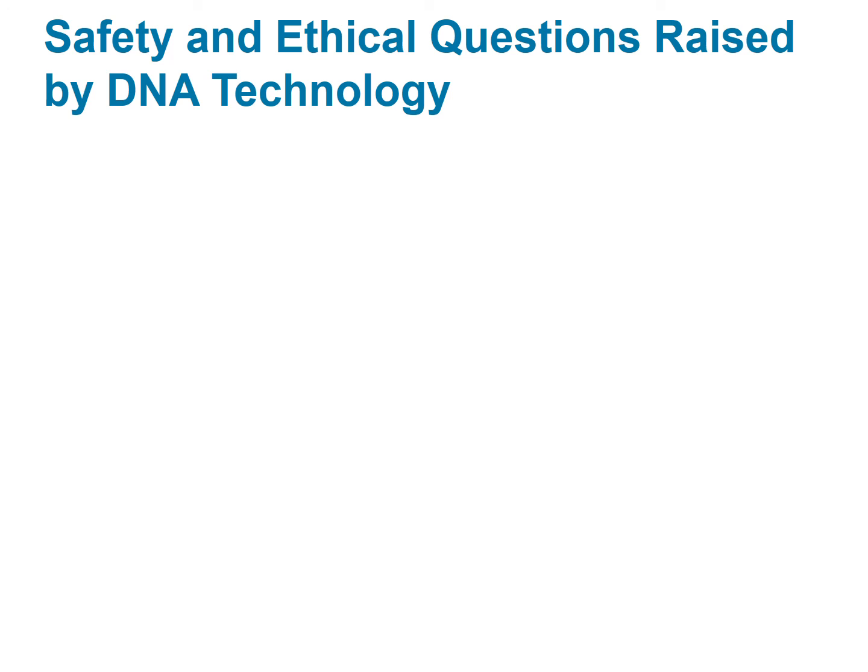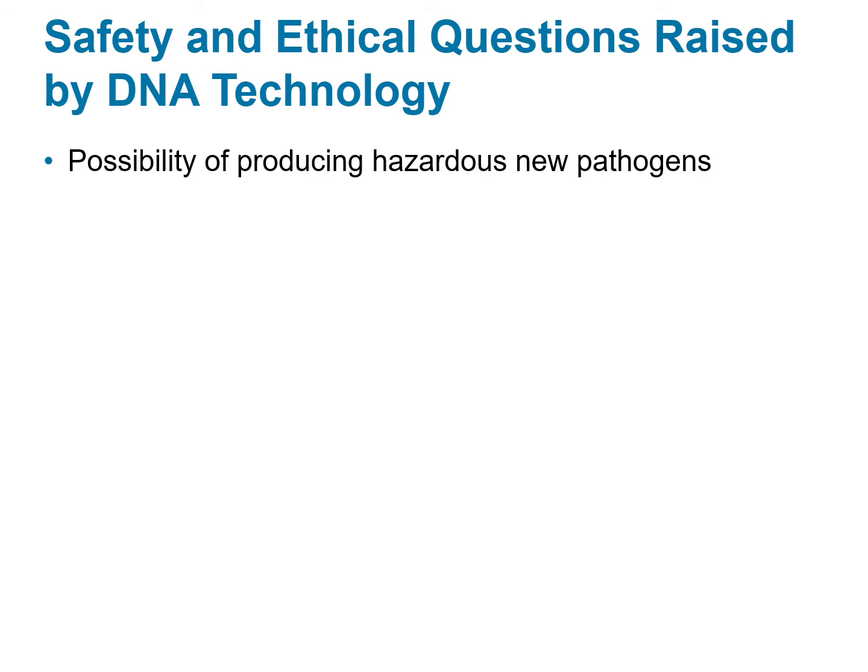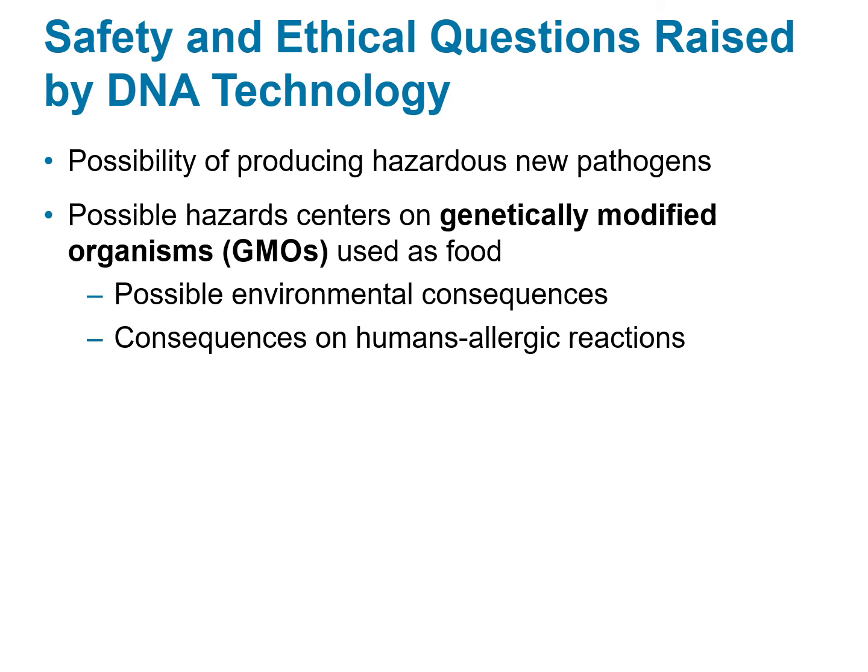Now, in terms of safety and ethical questions raised, you might be already thinking about this, right? What is the possibility of producing hazardous new pathogens? So bioterrorism, that's a valid concern. Possible hazards center on genetically modified organisms, typically as food.